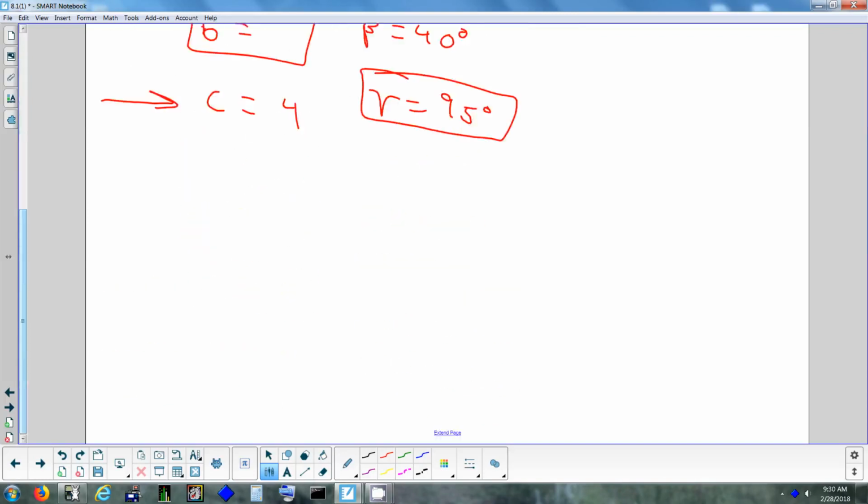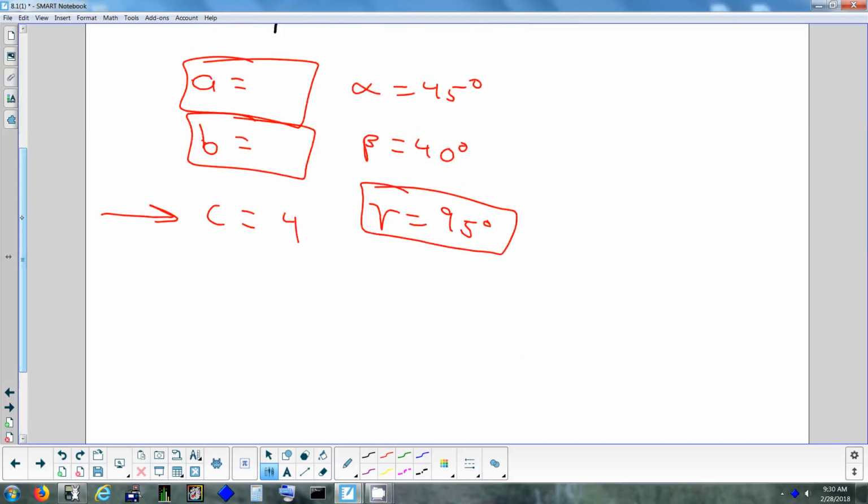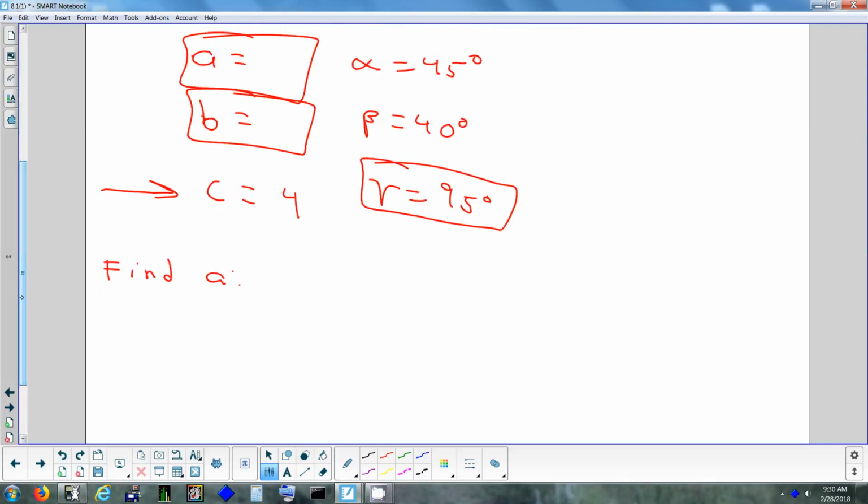Okay. Now we'll set up our proportion. Whether you find A or B first, it doesn't make a difference. You can do either one. So Leo, which one do you want to do first, A or B? A. Can you set up my proportion to find A? Sine 45 over A equals sine 95 over 4.